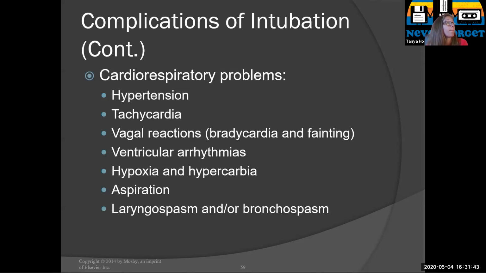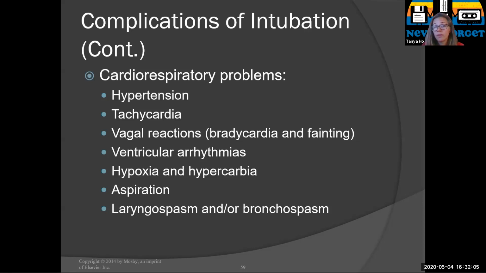Okay, other types of problems, vagal response. If you hit the vagus nerve, which is right by the carina, you can cause a vasovagal response, which will cause bradycardia, ventricular arrhythmias, hypoxia. If we're taking too long and we're not able to get the airway in place, the patient can become very hypoxic.